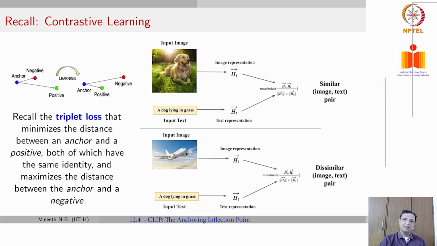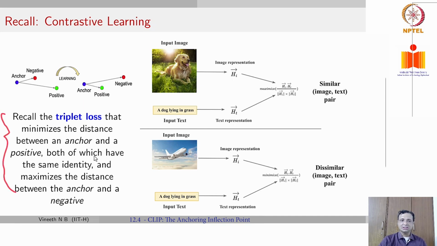Recall that in our earlier lectures on CNN models for face processing tasks, we spoke about contrastive learning. We spoke about losses such as the triplet loss. Here is the example we spoke about even then.